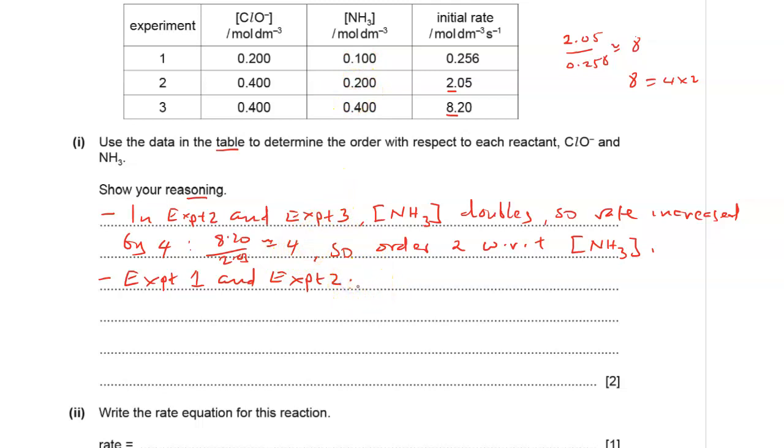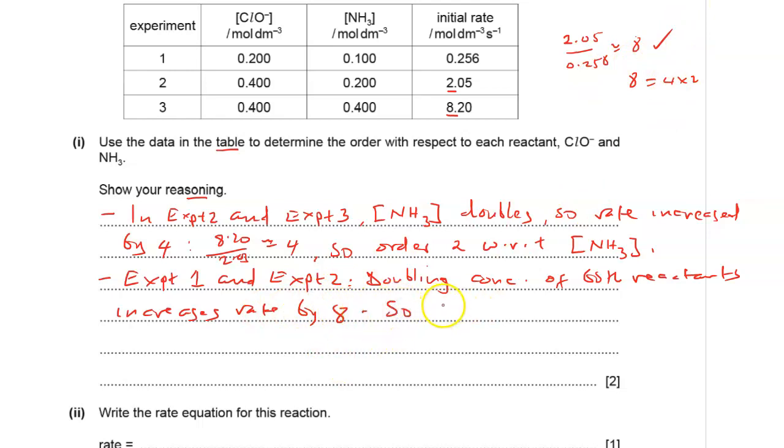So doubling the concentration of both reactants, ammonium and chlorite ions, increases the rate by 8, as we indicated here.